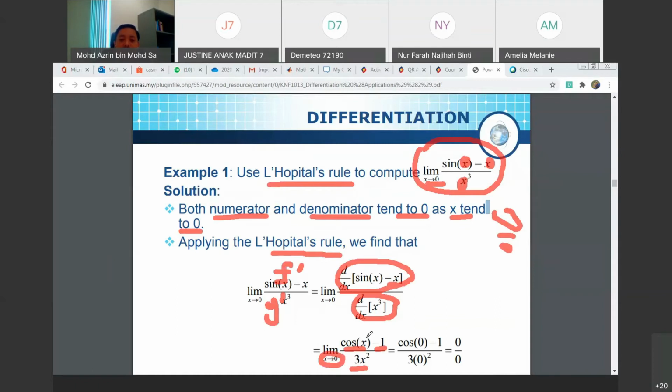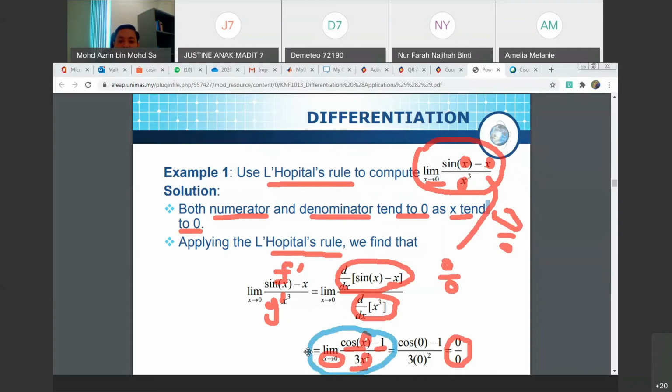So when you put x equal to 0, you still get 0, 0. So kalau you masuk kat dalam equation ni pun, you dapat 0, 0. So what you need to do? Apply again L'Hopital's rule ni, apply again the differentiation into this equation.